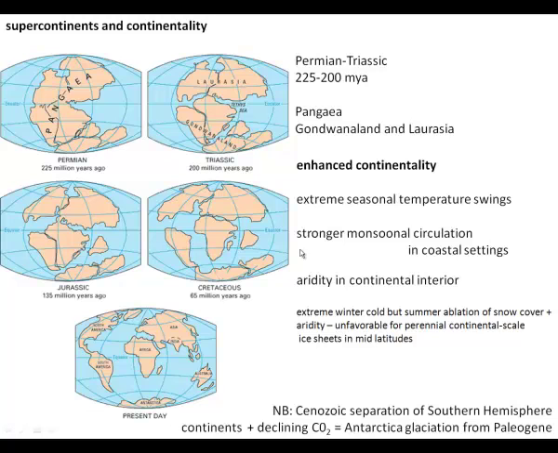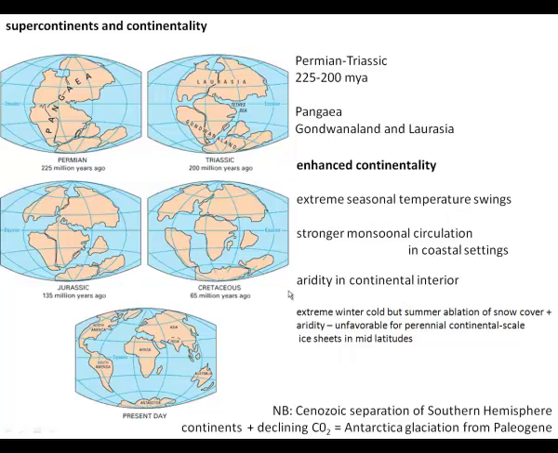Now, that's not necessarily synonymous with hot, of course, but effectively it's going to become very, very difficult to transfer moisture in any form of precipitation to these continental interiors. So they're going to become extremely arid. We're going to have extreme seasonal temperature swings between hot and cold.